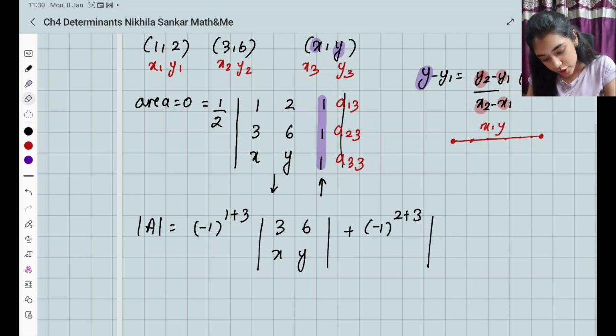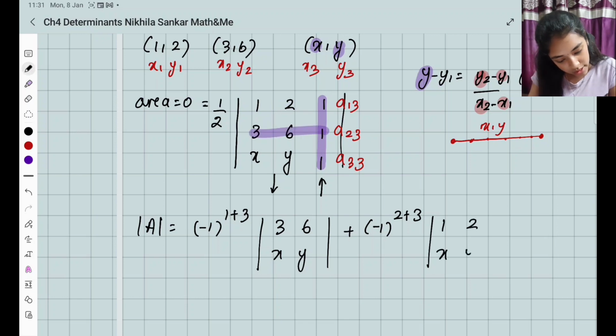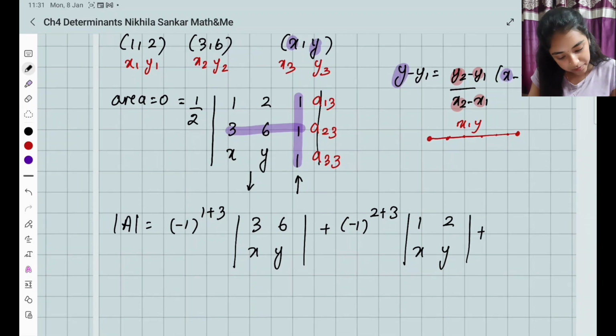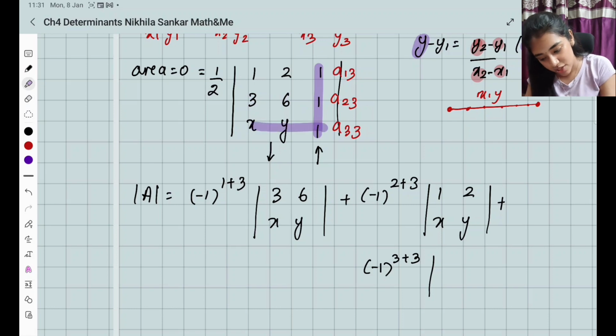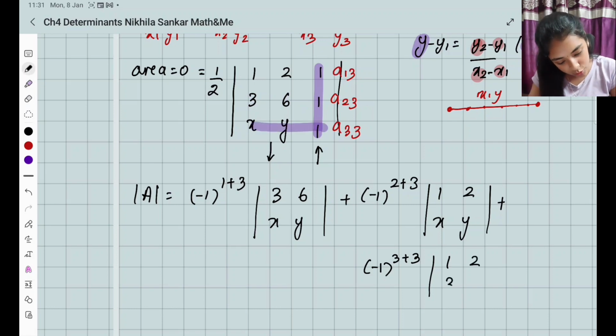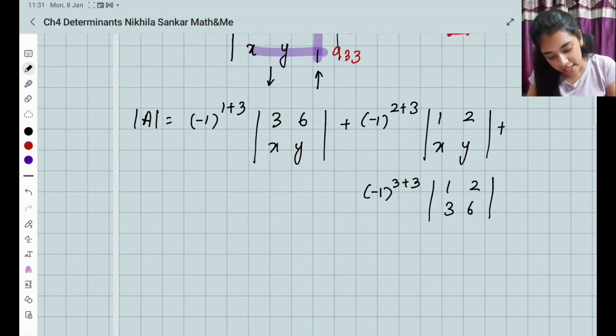Now the determinant is going to be, I'll erase this and hide the second row. So I have 1, 2, x, y plus minus 1 to the power 3 plus 3. Now to hide this, I can erase this and hide the last row. Okay. So I'll have 1, 2, 3, 6. Okay. Now when I open this, first plus, then minus, this is going to be plus 1, this is minus 1 and this is plus 1.